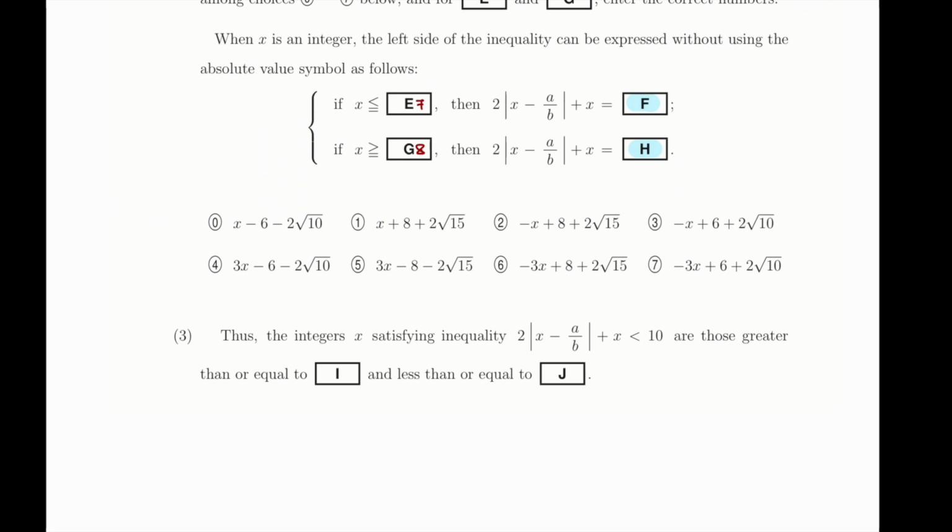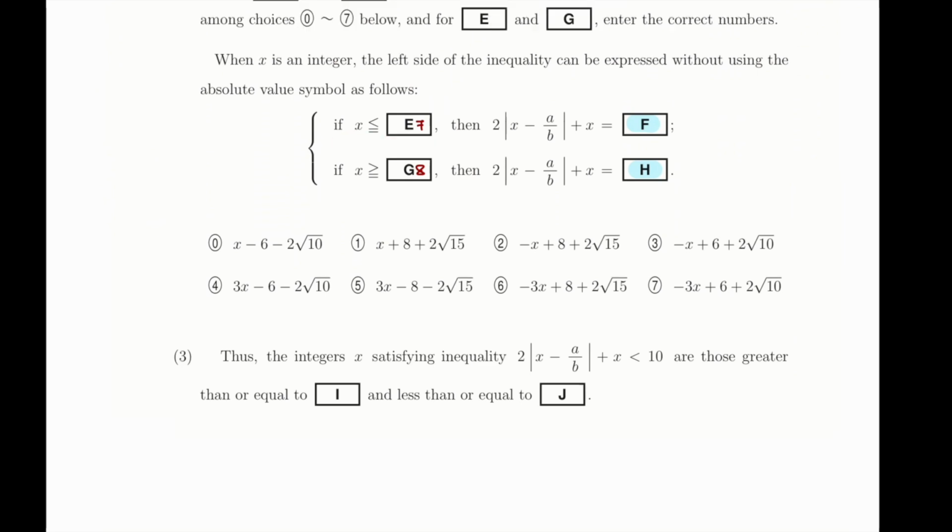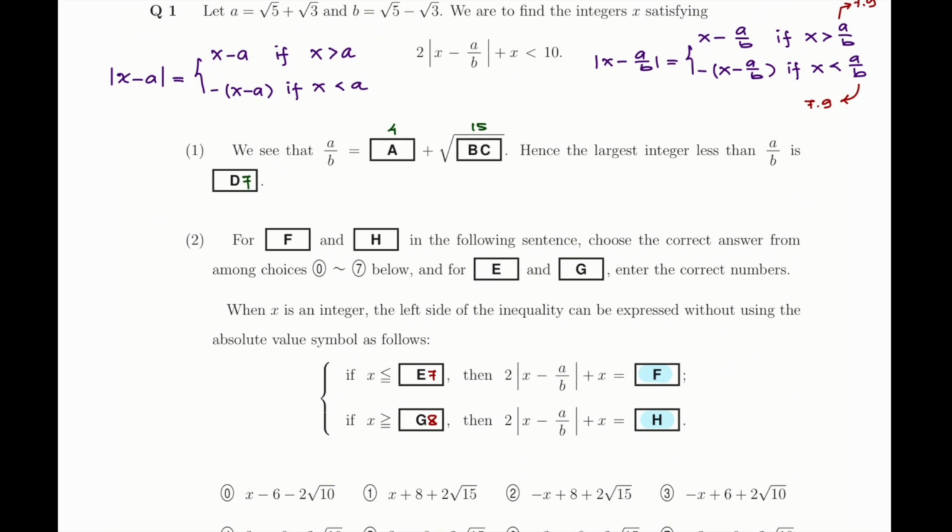And then for the first one, if x is less than or equal to 7, refer to this one, then 2 times absolute x minus a over b plus x equals and so on. Remember, we refer to this one. So the absolute symbol can be changed into this one. We do not need the absolute anymore.